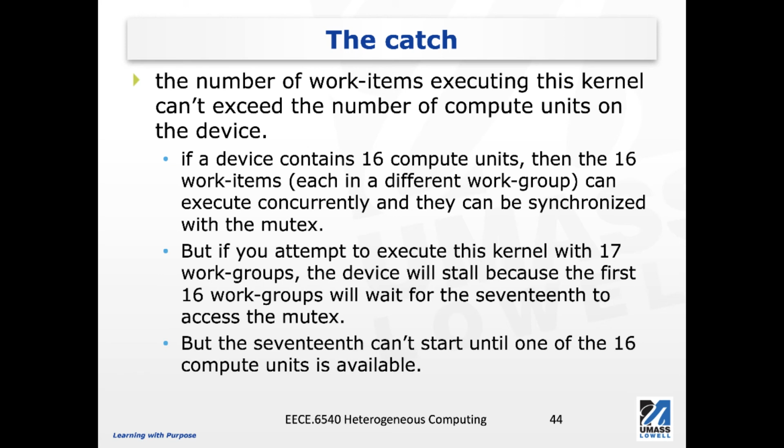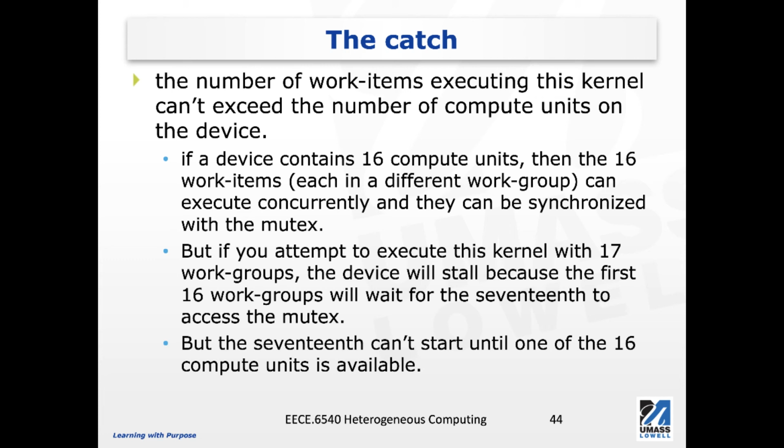But they will wait for the 17th work item to access the mutex. However, because all the 16 work items are occupying 16 compute units, the 17th work item cannot start until one of them relinquishes the compute unit.